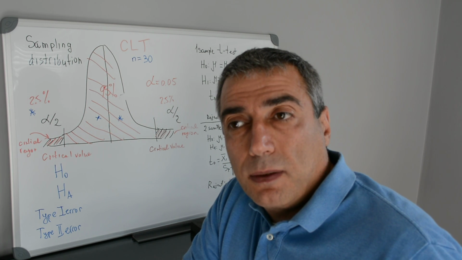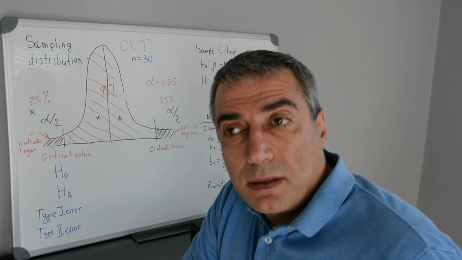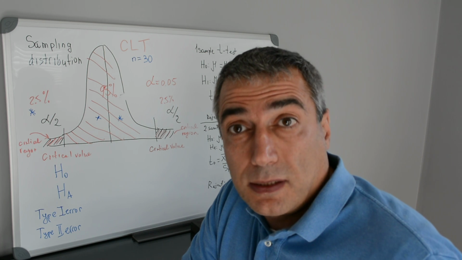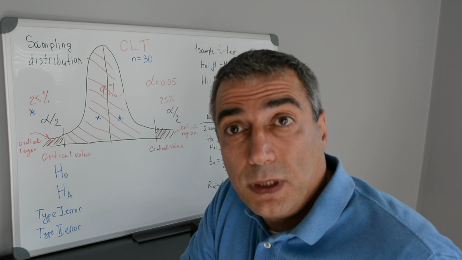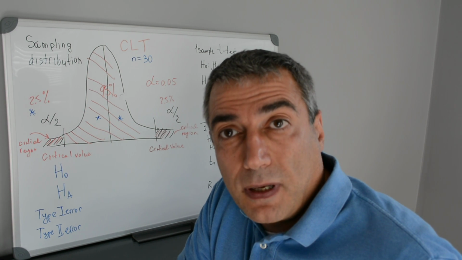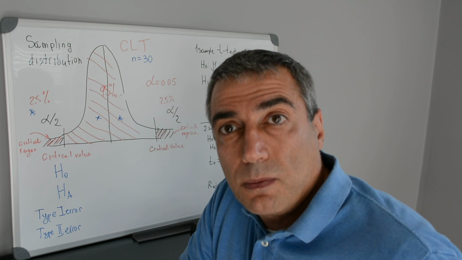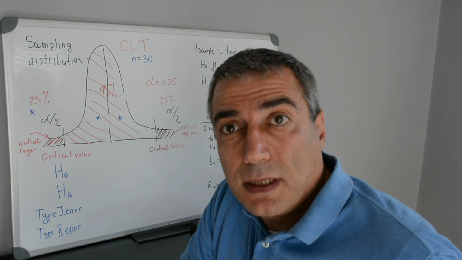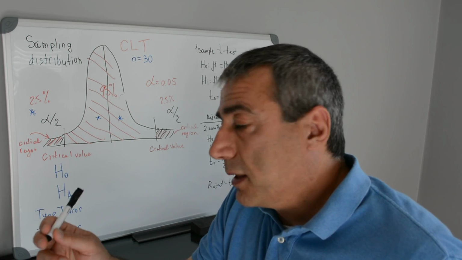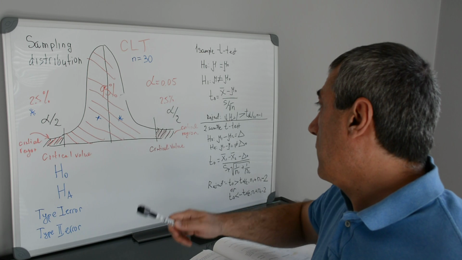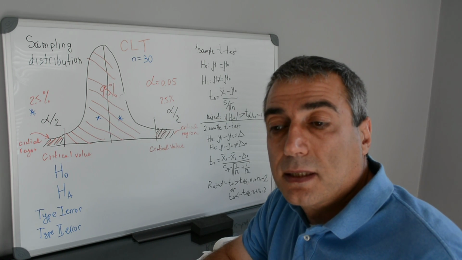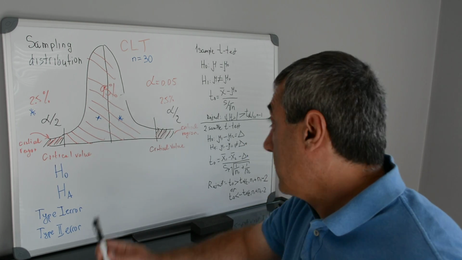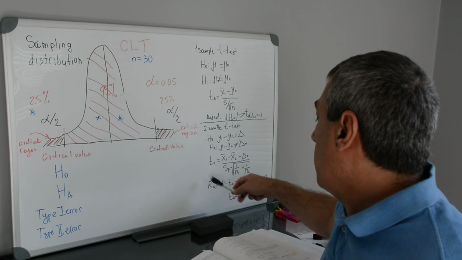And again, we can have either a z-test or a t-test, and depending on the information we obtain from the mother population, that defines whether we will be using a z-test or a t-test.